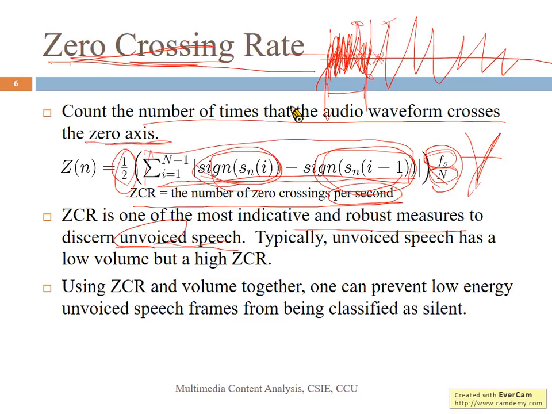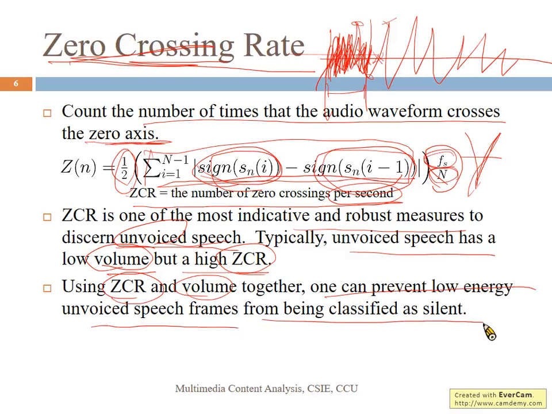But for vowels like these, there are fewer zero crossings. So typically unvoiced speech has a low volume but a high zero crossing rate. So by combining the volume and the zero crossing rate, we can discriminate whether the given audio segment is silence or just unvoiced speech. Using zero crossing rate and volume together, one can prevent low energy unvoiced speech frames from being classified as silence.